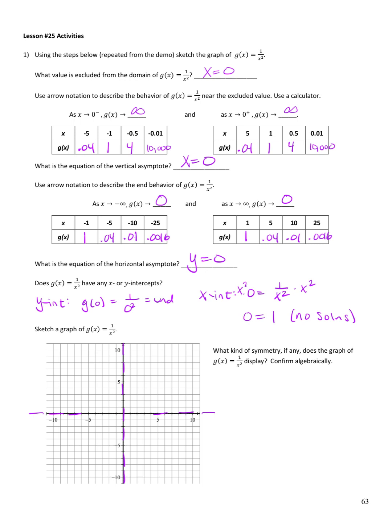And then I have some other points, like 1, 1, and negative 1, 1. I know that when x is negative 5, y is 0.04, very close to 0. And also when x is 5, y is 0.04.